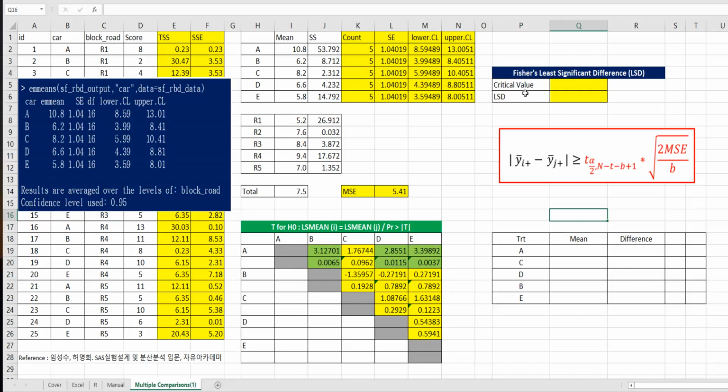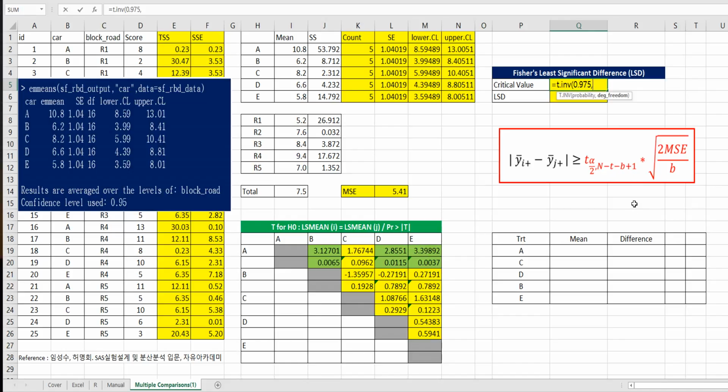In order to get the critical value, we can use this one: T.INV, alpha over 2. So alpha is 5%, so we can use 0.975, comma, and N minus t minus b plus 1. There are 25 observations, 5 treatments, A, B, C, D, E, and 5 blocks.